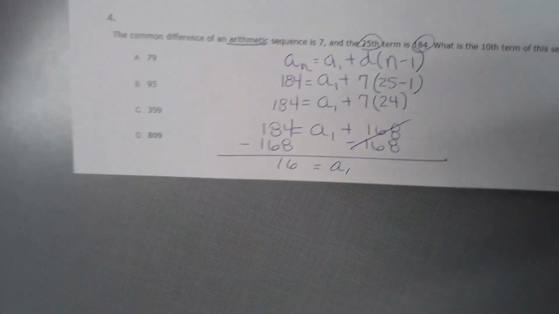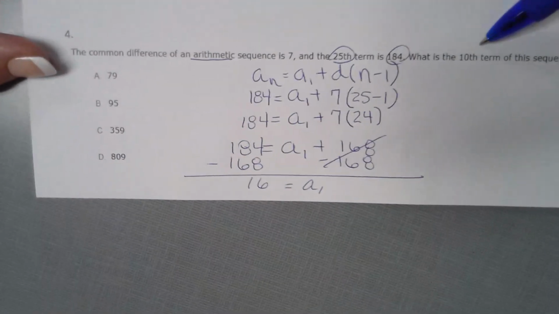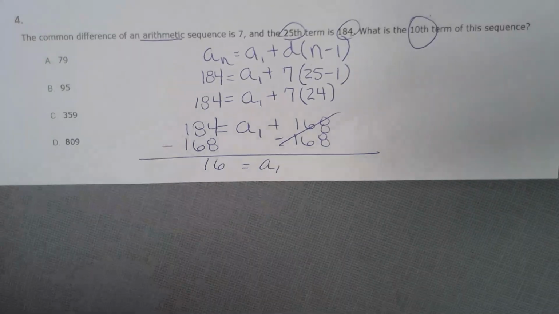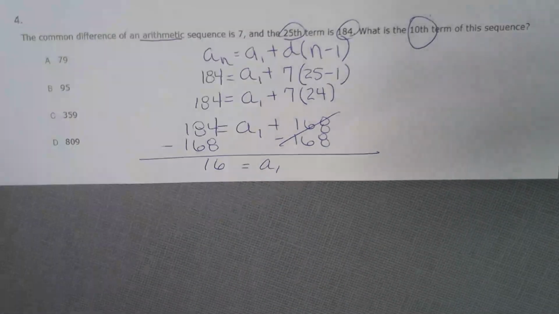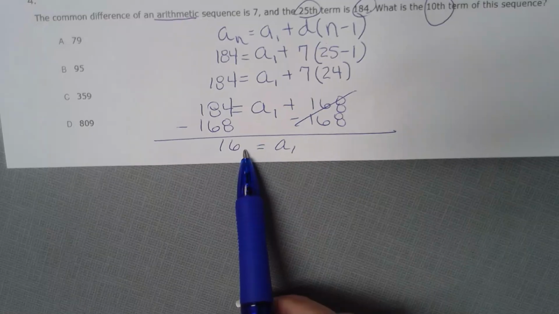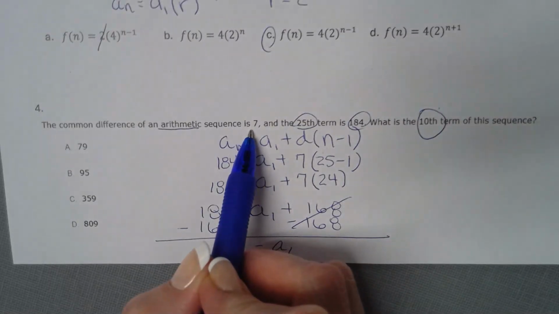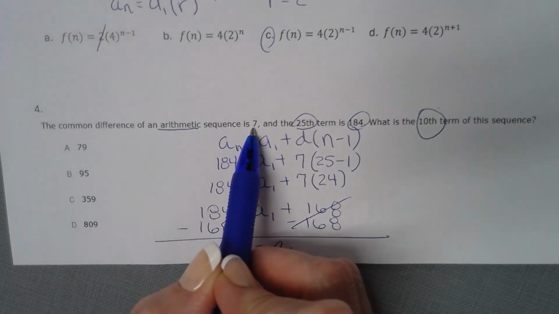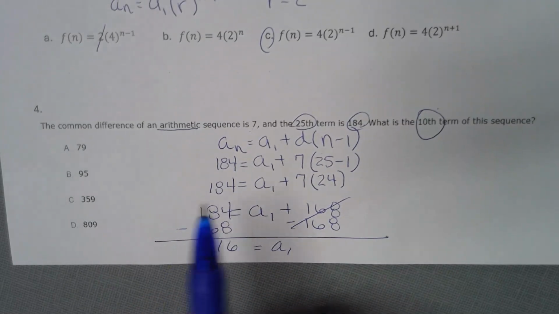So now what are we going to do? Notice it's asking me for the 10th term. What am I going to do? Yep, I can plug it in, or some of us might just want to go, okay, if my first term is 16, what am I doing each time? Adding 7. You could do that until you got to the 10th term.